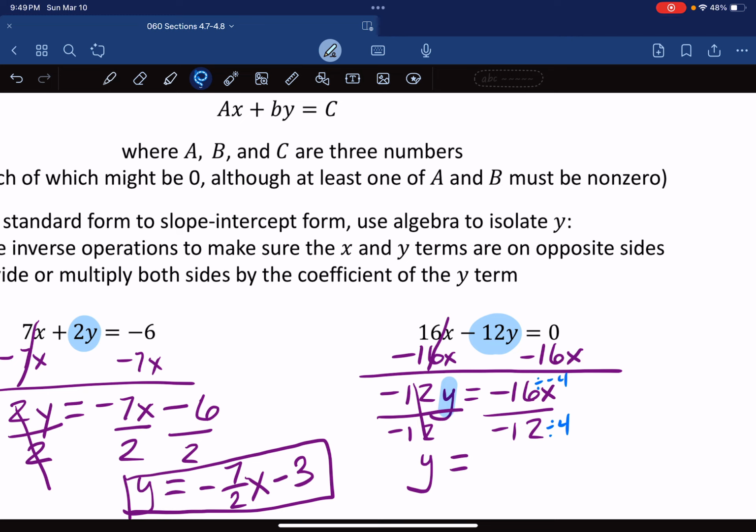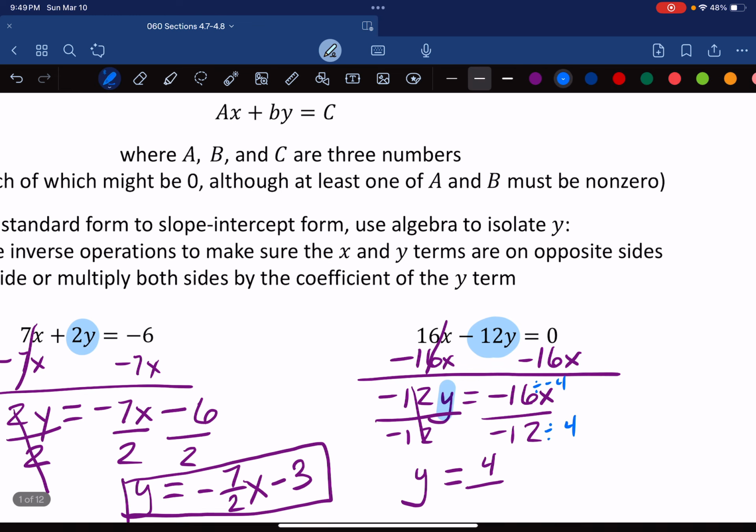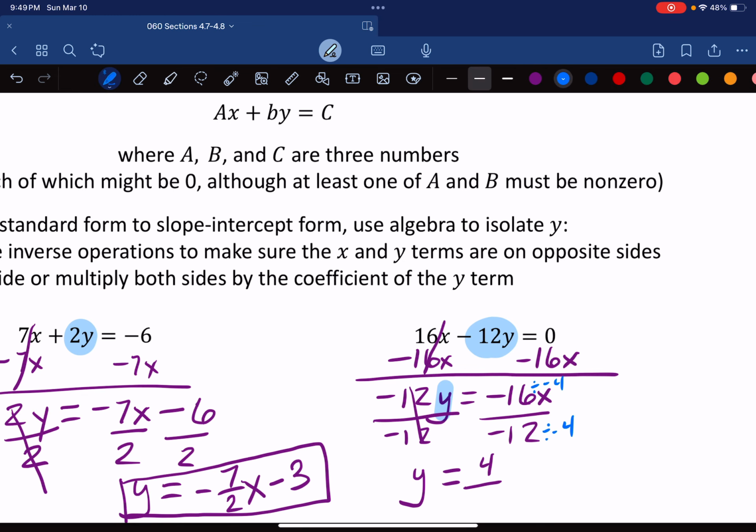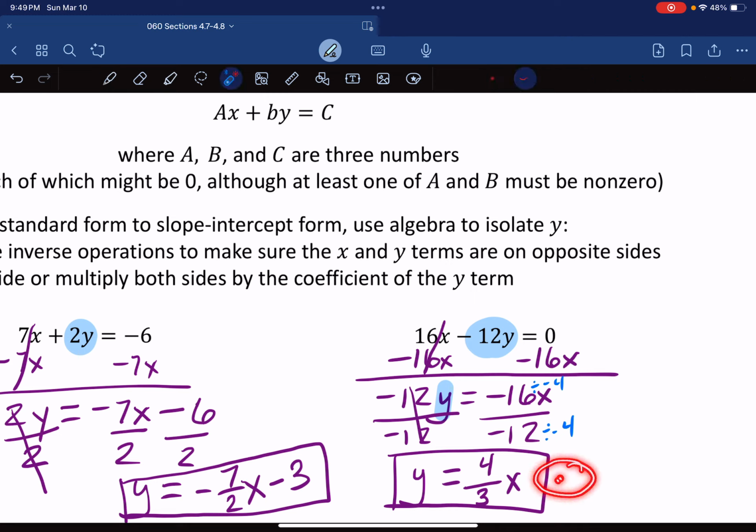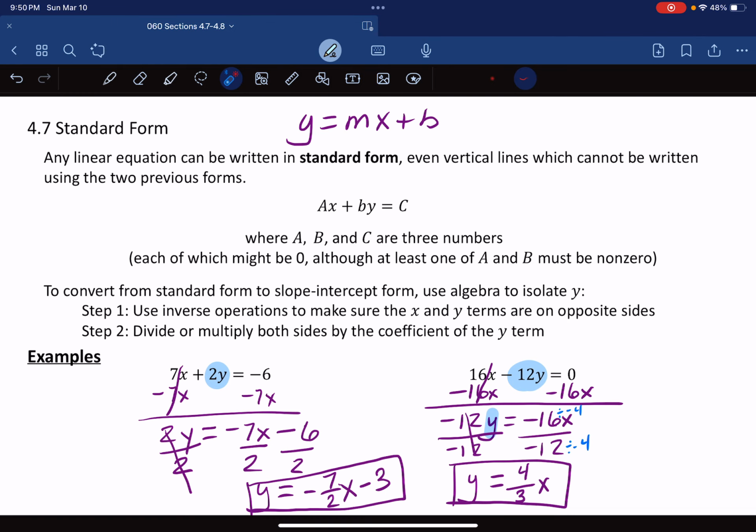So negative 16 divided by negative 4 is 4, and negative 12 divided by negative 4 is 3, so the slope should be negative 4 over 3. And notice in this equation, my y-intercept is just 0. I had a 0 here, which gave me nothing here. And that is converting from standard form to slope-intercept form.